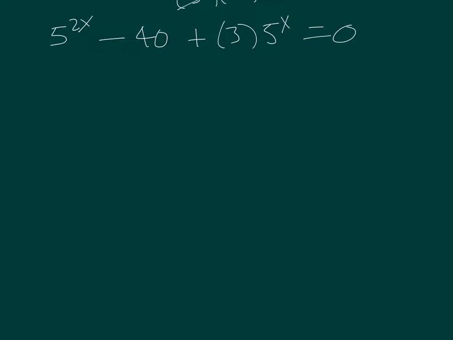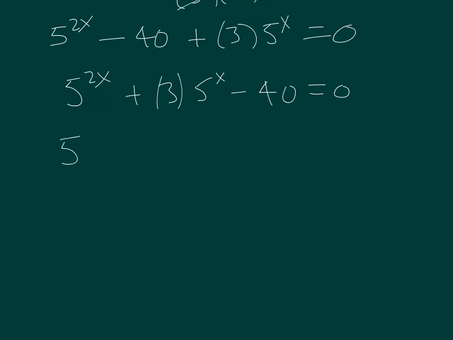Now we can rewrite this so that we have descending order. So we would have 5 to the 2x plus 3 times 5 to the x minus 40 equals 0. So now we will want to factor this.